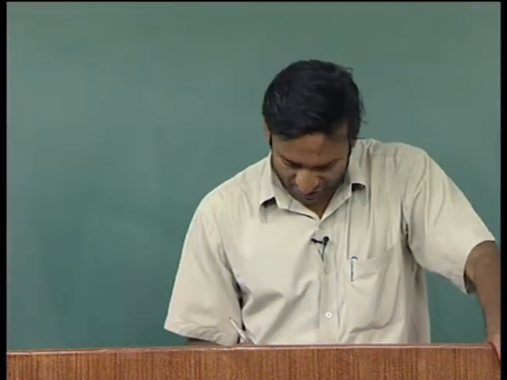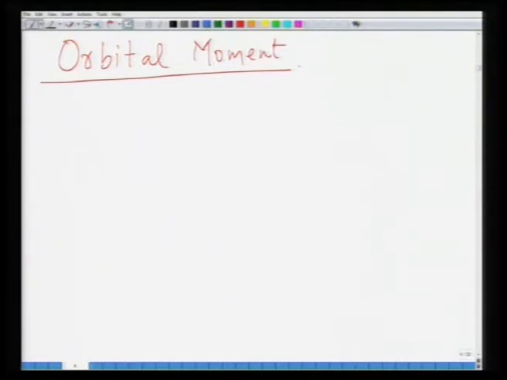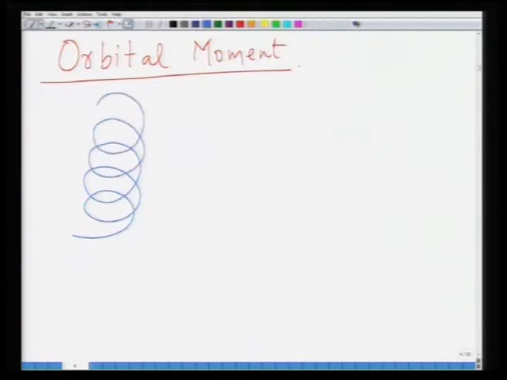So, if you have a picture like this, you have a loop of a wire with a current flowing, and this flow of current in this loop of wire can be related by Ampere's law.